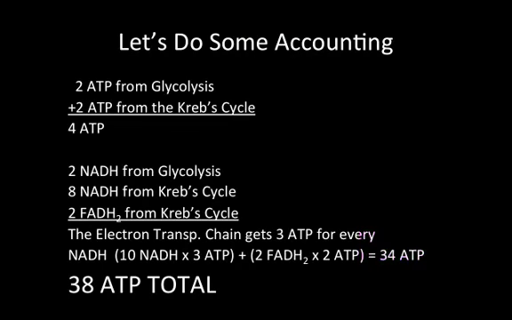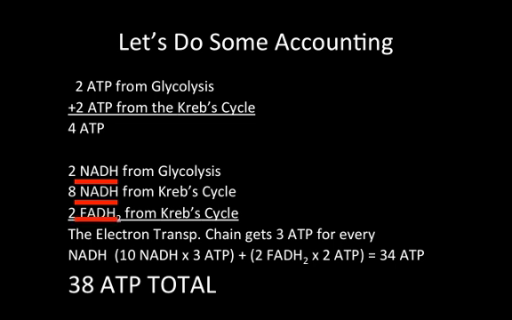Now let's do some accounting to see how much ATP is made from just one glucose molecule. 2 ATP each from glycolysis and the Krebs cycle for a total of 4 ATP. Also produced from one glucose was 2 NADHs from glycolysis, 8 from the Krebs cycle, as well as 2 FADHs.